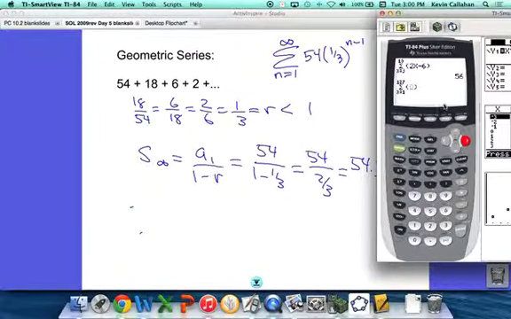Now, here's where this becomes important. If you're looking at that formula and you think that these parentheses are these parentheses, they're not. This whole formula has to go inside there, so there's going to be two sets of parentheses here. So that'll be 54 times, how do I find the fraction?